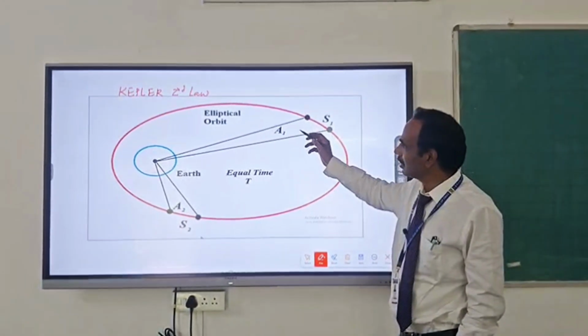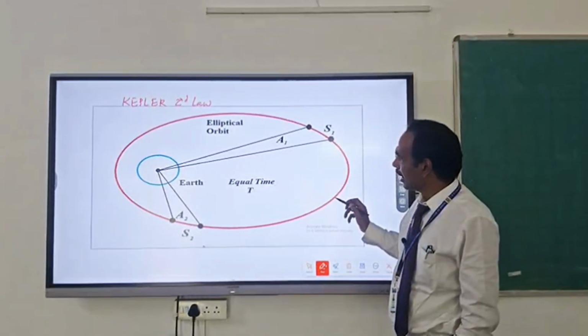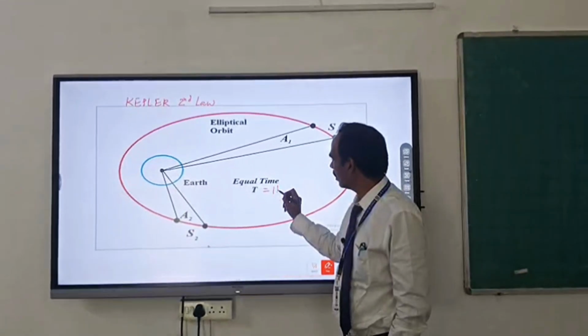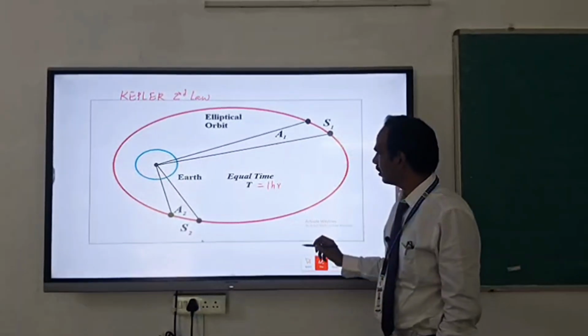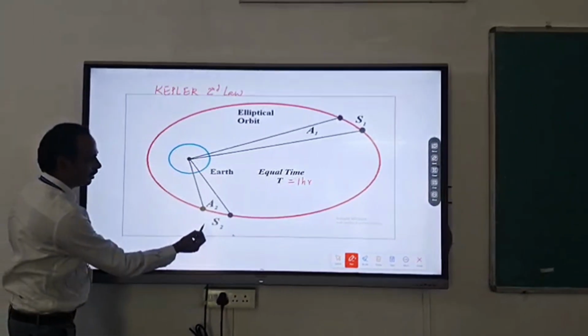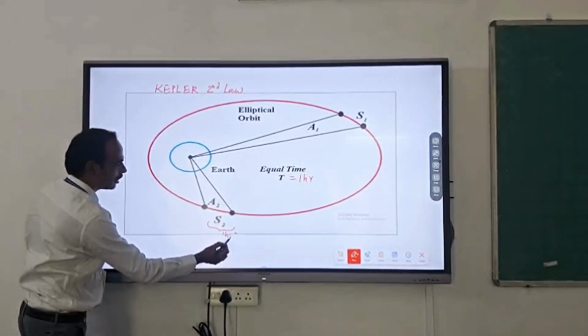According to Kepler's second law, in equal intervals of time, let us consider 1 hour. In 1 hour, the satellite in the orbit covers the distance s2.